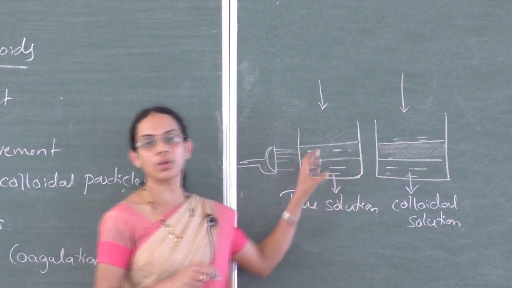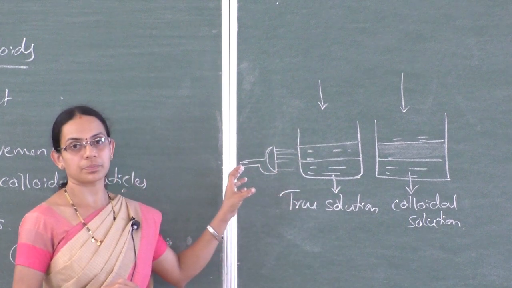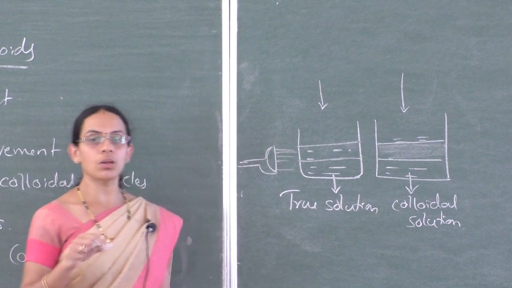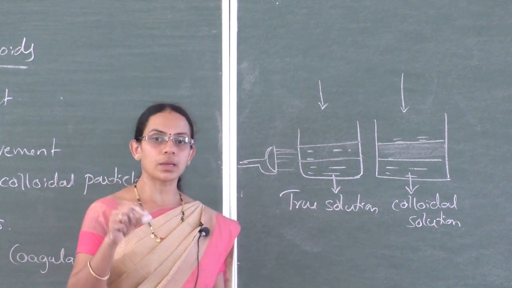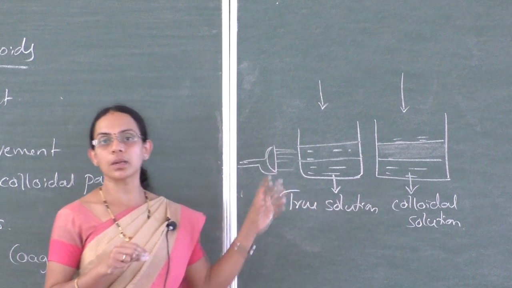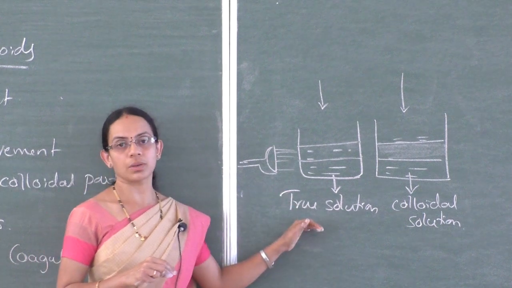That scattering of light by colloidal particles is called Tyndall effect. We can also observe the Tyndall effect in a cinema hall, where the projection of light is illuminated by the presence of dust particles in the air. So that effect is called Tyndall effect.